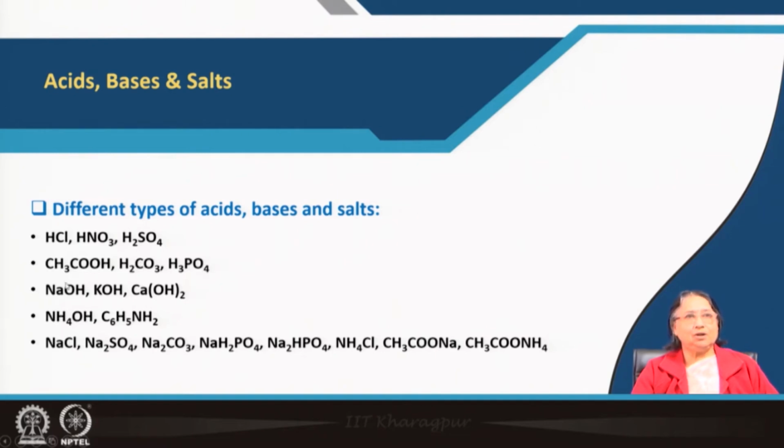Then some bases are also shown: NaOH, KOH, calcium hydroxide, ammonium hydroxide, aniline, this is an organic base, and salts like sodium chloride, sodium sulphate, sodium carbonate, sodium dihydrogen phosphate, disodium hydrogen phosphate, ammonium chloride, sodium acetate, ammonium acetate.